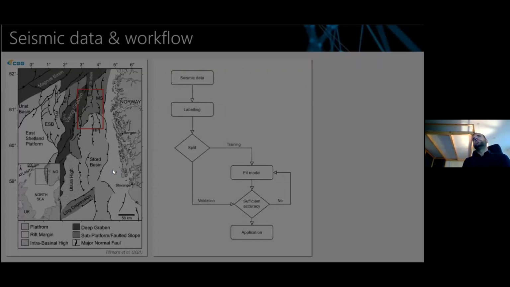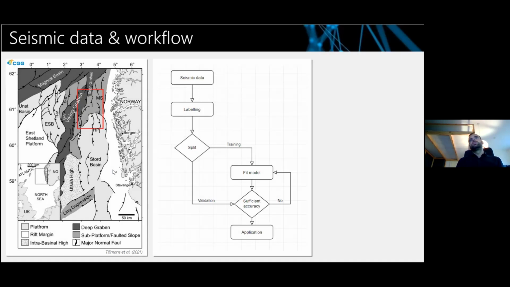When we apply this to our data, and our data is one of the largest seismic data sets ever recorded offshore Norway, we typically do this by labeling a part of our data, then splitting this labeled data into a set for training and validation. So by validation, we check how good our training is. We fit the model, check if the accuracy is high enough, and if it is, hopefully, then we can apply it to the rest of the data.